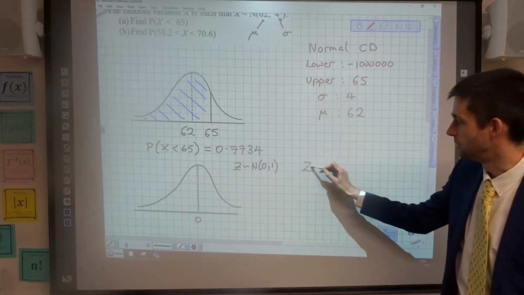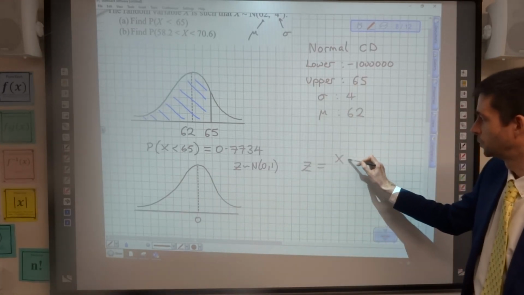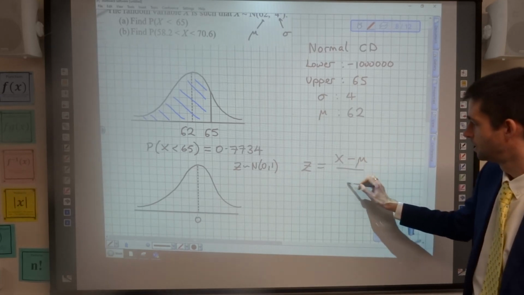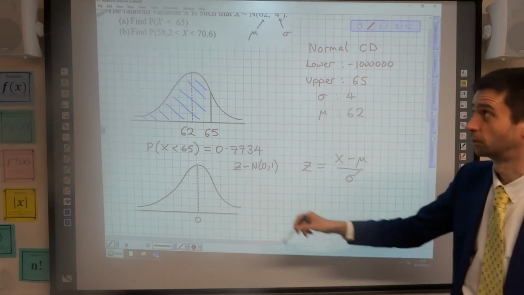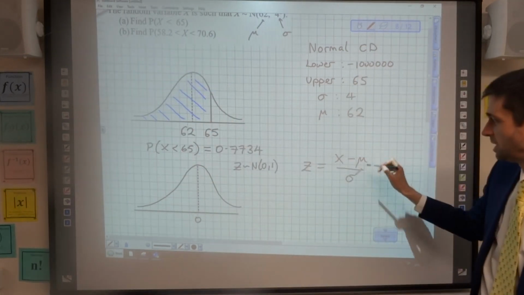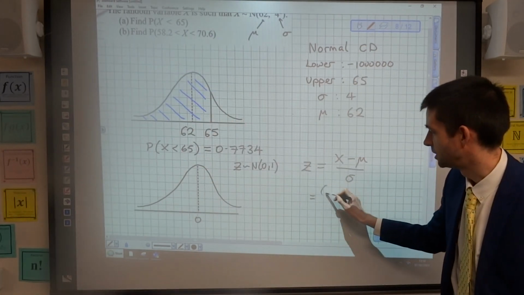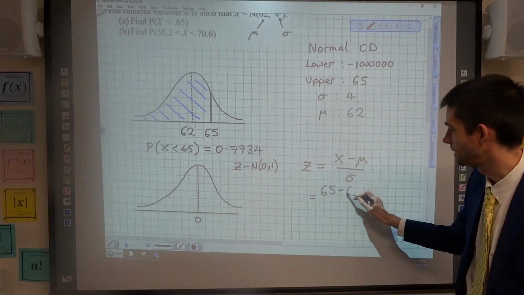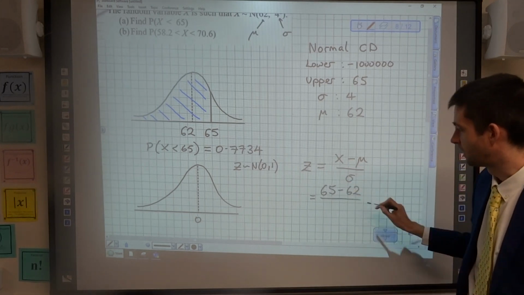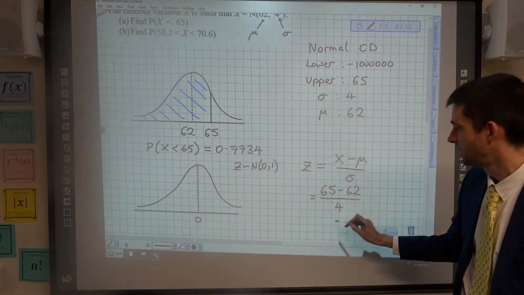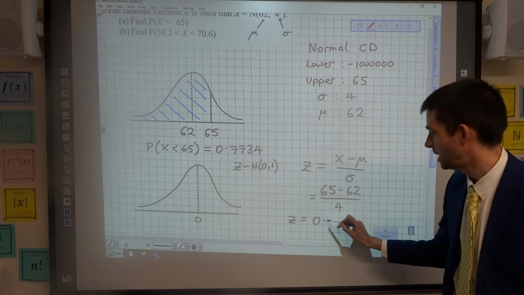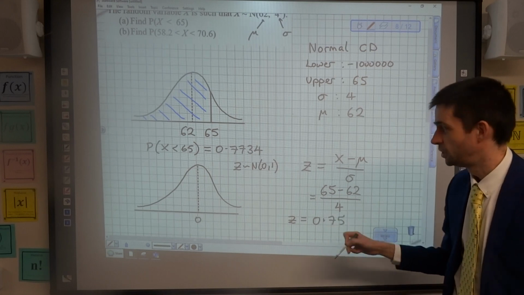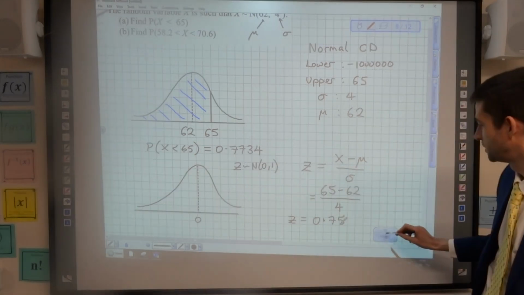Now the formula you use is Z equals x minus mean over the standard deviation, where x is your value that you're finding the probability from. Mean is obviously the mean, and standard deviation is standard deviation. So in this case, 65 was the x value, 62 was the mean, and the standard deviation was 4, which means the z value would be 0.75 or 3/4.